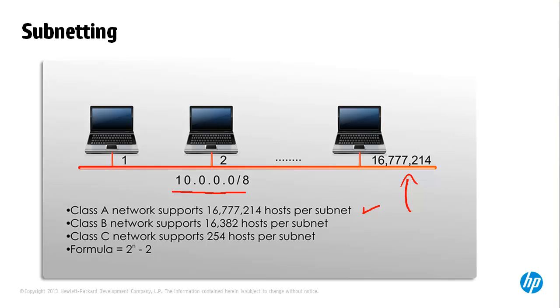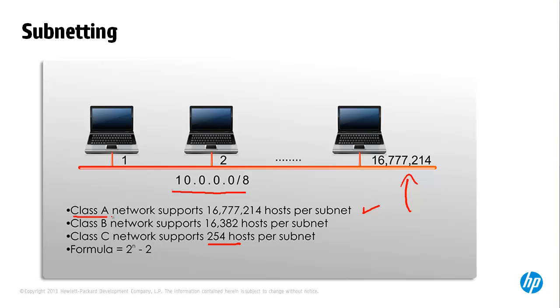That number of hosts on a single segment is not practically possible. The number of broadcasts and the amount of traffic on the network is going to result in your network falling apart. A lot of network engineers, based on best practices, will as a maximum put 254 hosts on a subnet. That's the number of hosts that a Class C subnet supports.